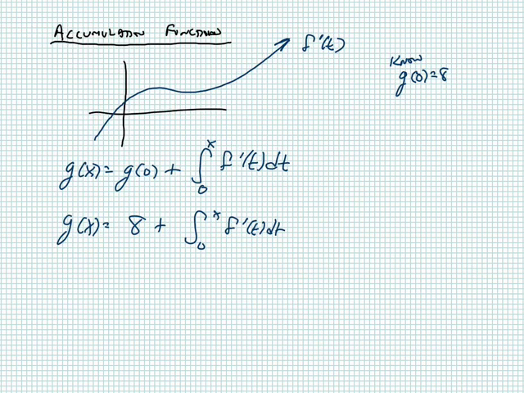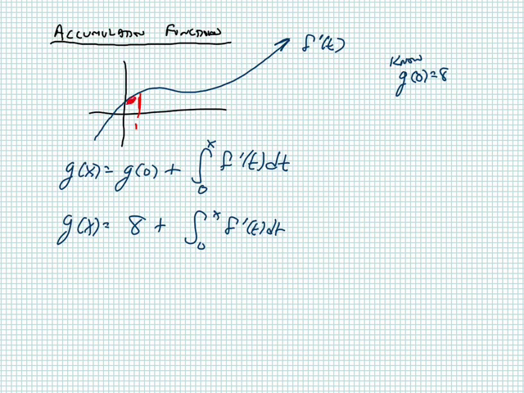Let's say I wanted to find g of 1. Then I have 8 plus the integral from 0 to 1 of f prime of t dt, and that would just be 8 plus this area here.